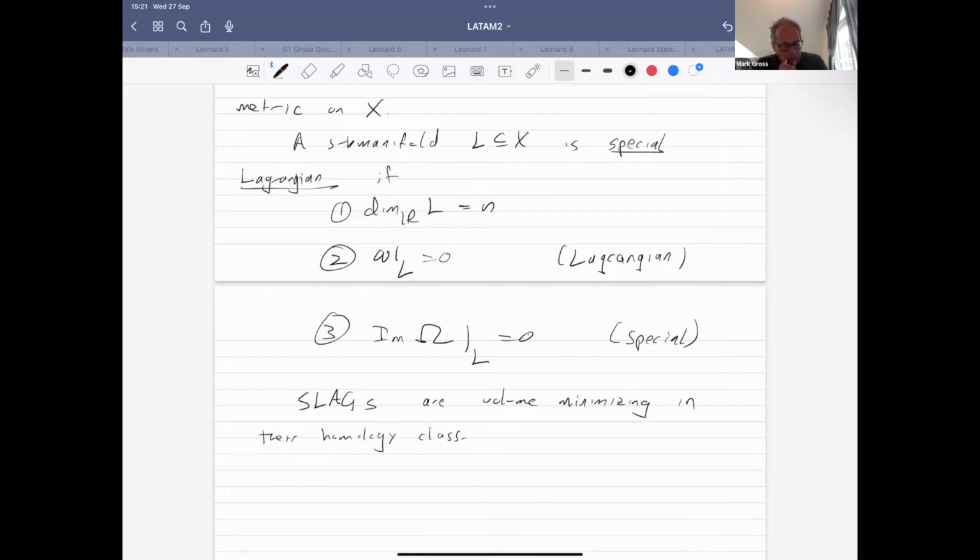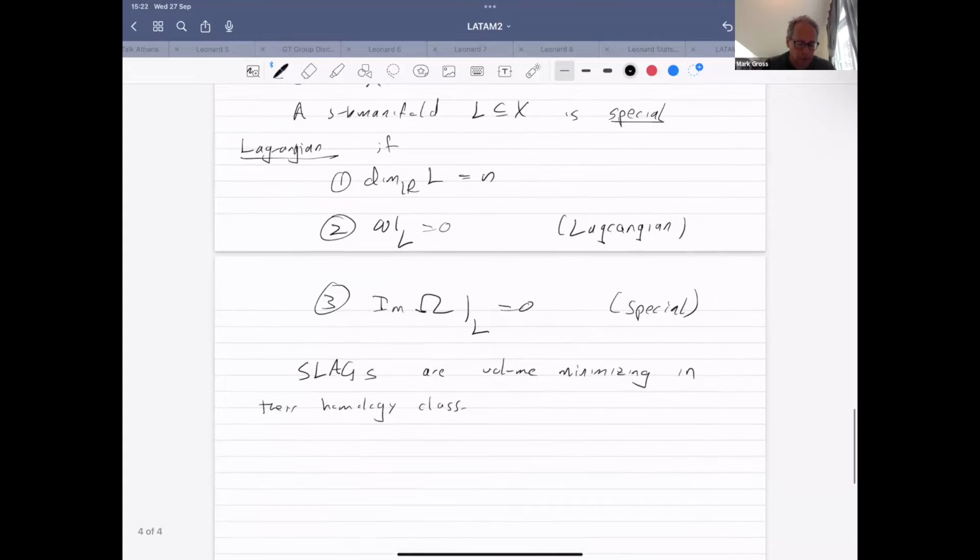On a Calabi-Yau manifold, complex submanifolds are also volume minimizing, so you can think of this as kind of dual, mirror to complex submanifolds.